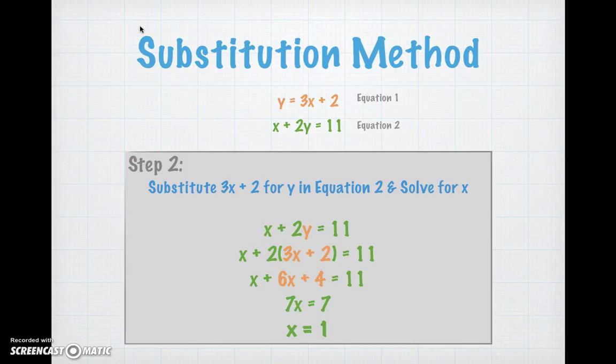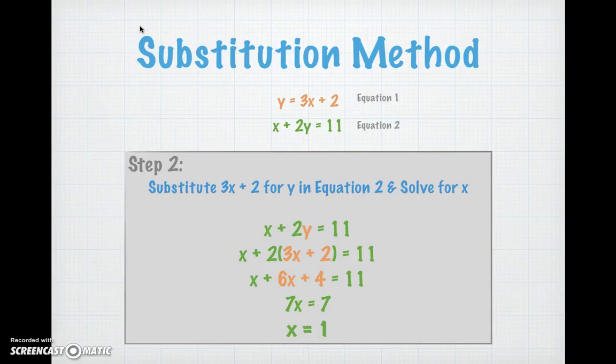We then simplify it by distributing the 2 into the parentheses, and we get x plus 6x plus 4 equals 11. When we add like terms, we eventually get 7x equals 7. Thus, we divide both sides by 7 and we find that x equals 1.